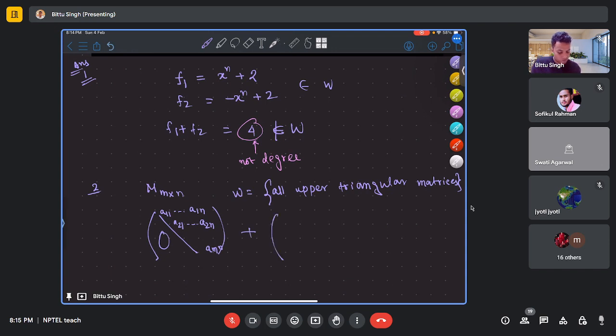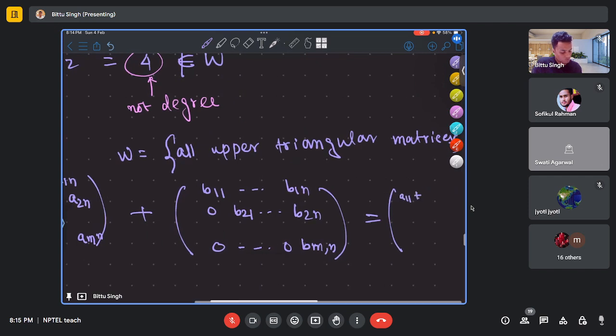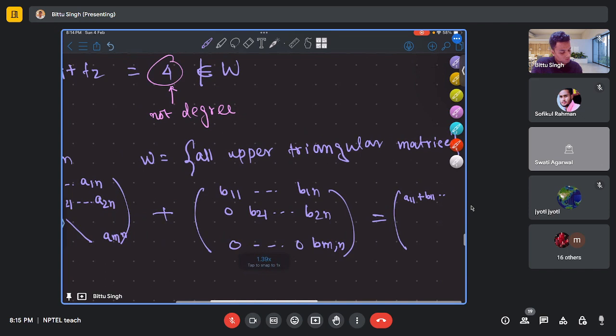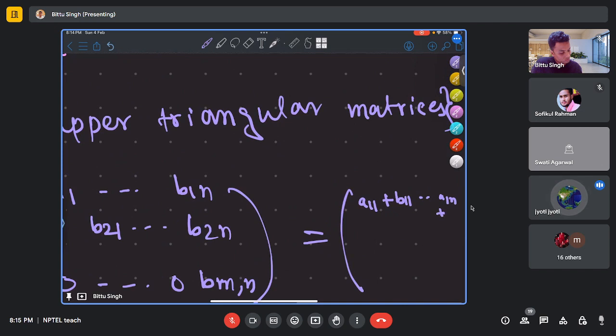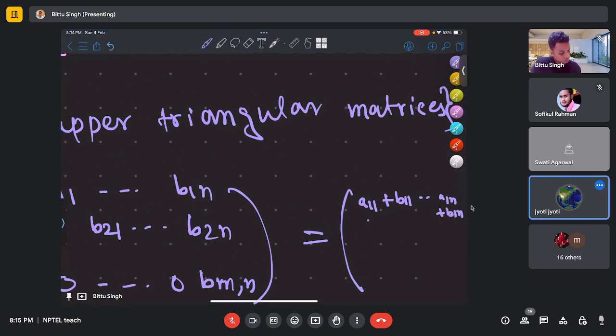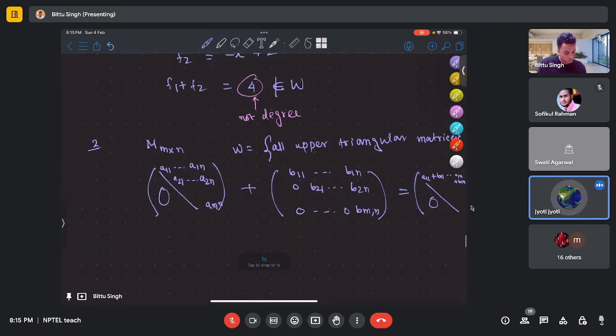Similarly, add another matrix b11 up to b1n, 0, b21 up to b2n, and continue this. You can see that the addition is also an upper triangular matrix. It will be a11 plus b11, then a1 and so on. These terms are b22 and the corresponding matrix term is a22, because a21 and b21 are 0.